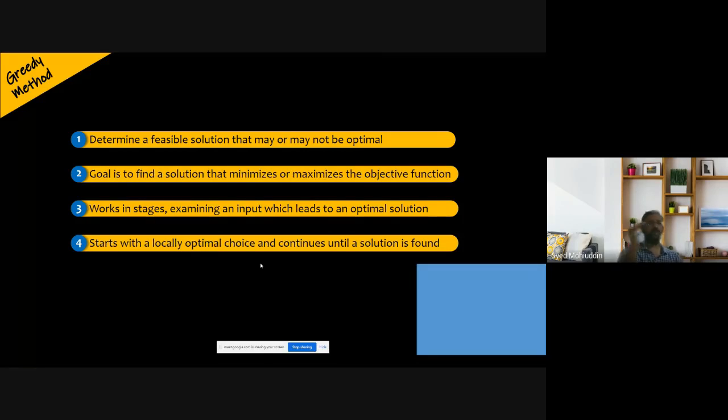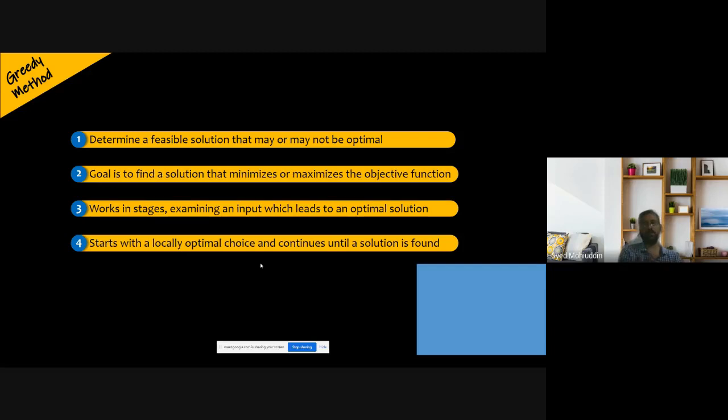And this approach works in stages actually. At the first stage, we select an input. Second, we examine that input and look at whether it gives us the optimal solution or not. Then in the next stage, we again select another input and see whether it increases or decreases the cost, or whether it maximizes or minimizes the objective function.